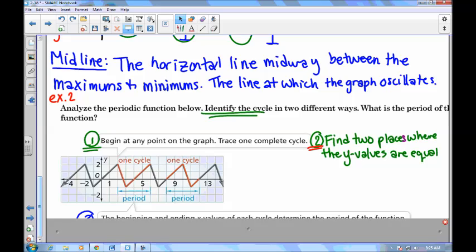Your homework will ask you to identify the cycle in 2 different ways. What is the period of the function? So it asks for 2 things. Find the cycle. Remember, the cycle is how you trace. On your notes, put 2 different methods to find the cycle. Here's the first one. One way to find the cycle.